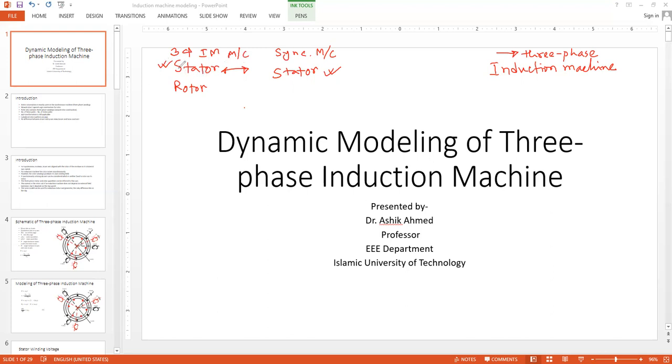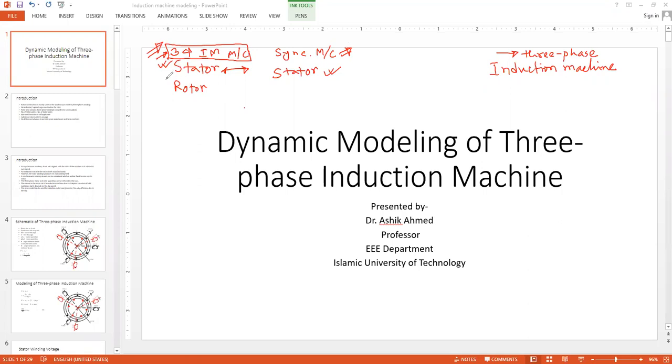We can either use it as a three-phase induction motor as a load, or if we reverse the direction of power flow, then we would get a generator with respect to the three-phase induction machine construction. So the same machine could be used either as a generator or as a motor, like the synchronous machine, with a little change in the direction of energy flow or power flow through the machine.